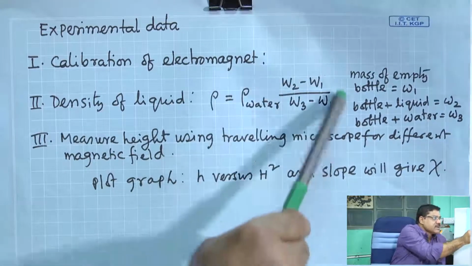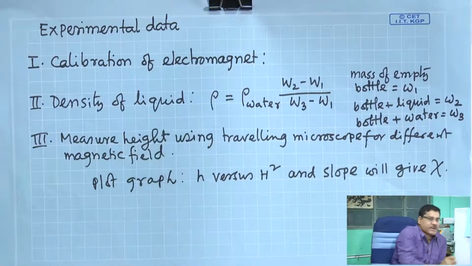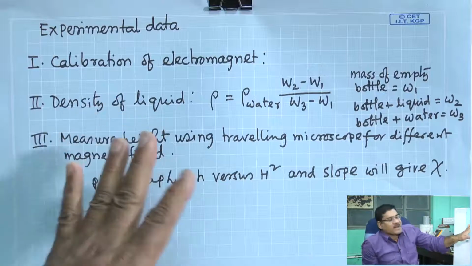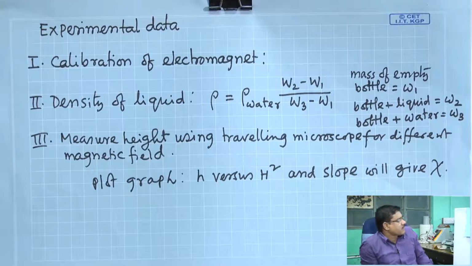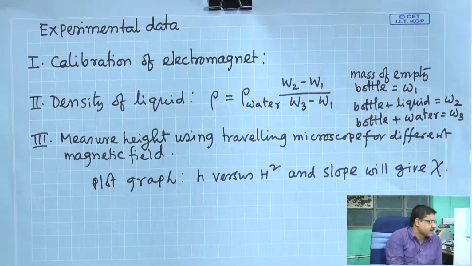Using this formula we get the density of the liquid. So one has to find the density of the liquid which we will use for our experiment.